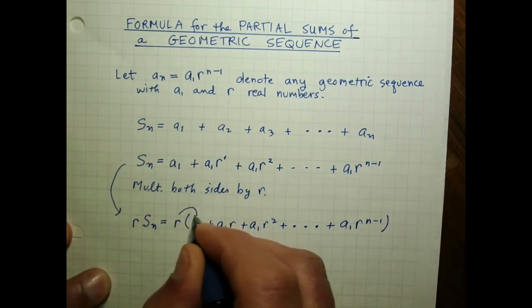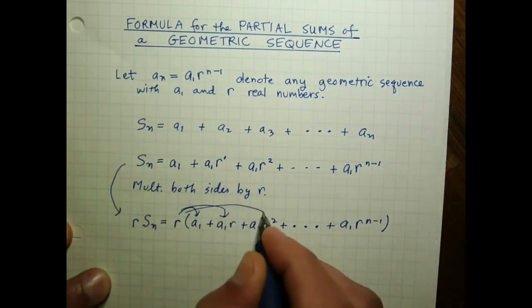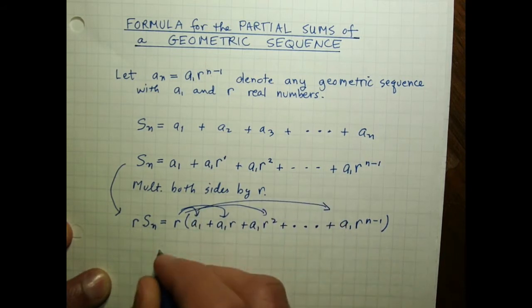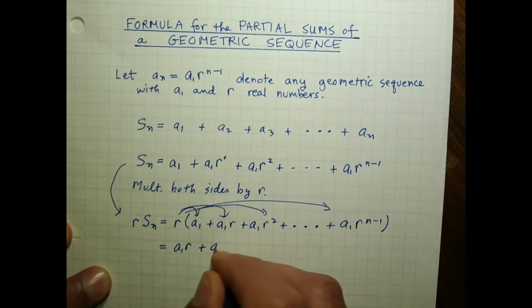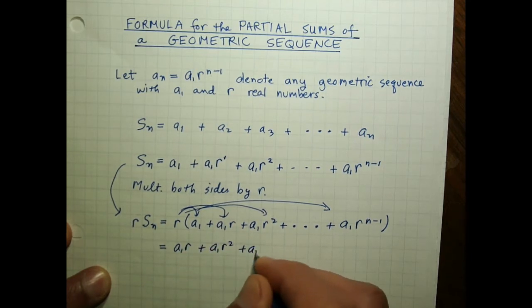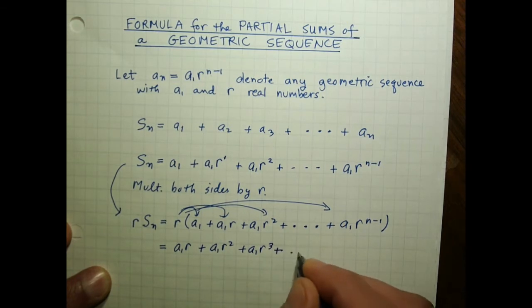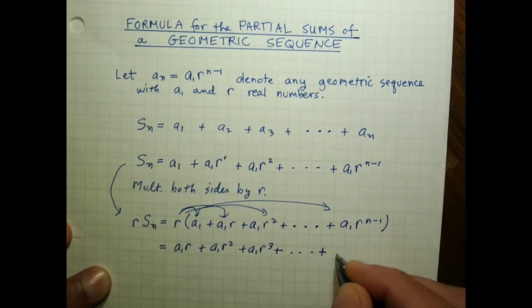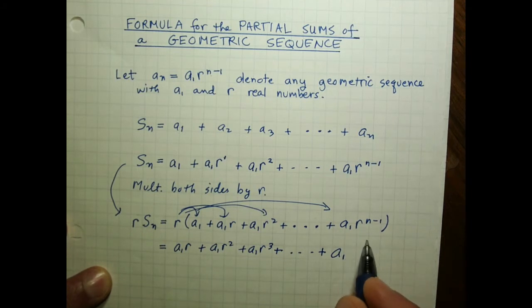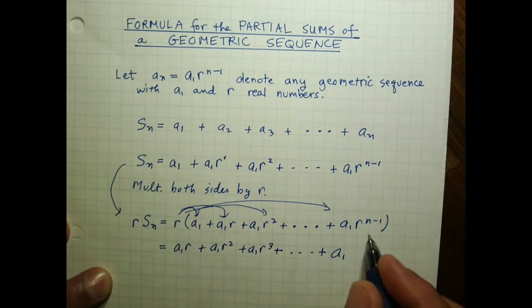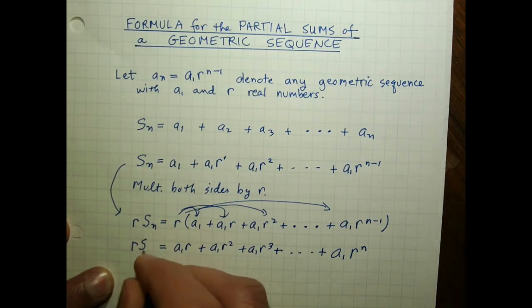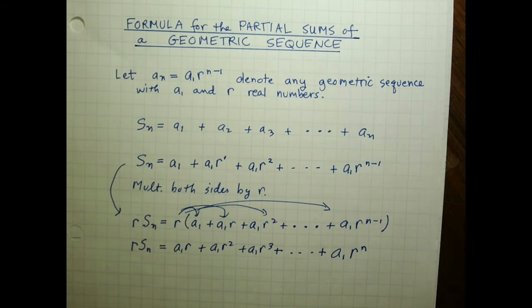This r on the right, I've got to distribute to each one of those terms all the way down the line. So I'm going to have a1r plus a1r squared plus a1r cubed. Each one of those powers of r gets increased by 1 because I'm multiplying by r to the first. So r times r to the n minus 1 is now going to be r to the n. So r times Sn is equal to that.